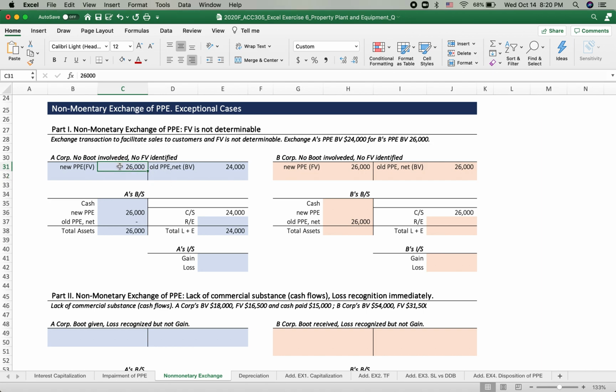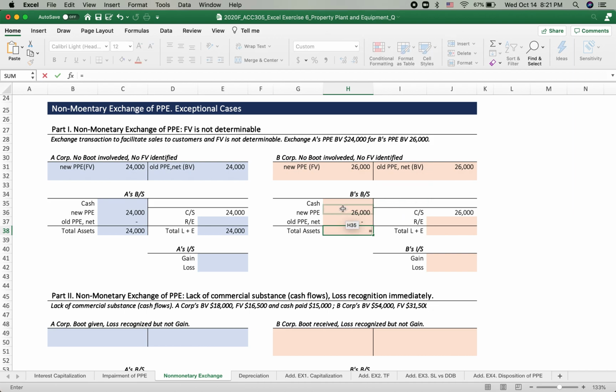It's the fair value, but we don't have fair value, so we don't put any gain like this $2,000. No, we do not put any gain here. Instead, we just put $24,000, exactly the same as the book value the company has had. Okay, and then now it's foregone. So let's put this journal entry into the balance sheet. So new one has now 26, and then old one now foregone.